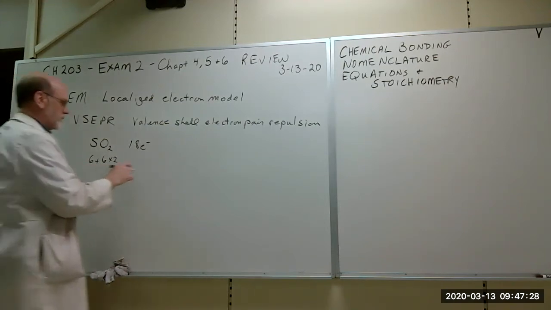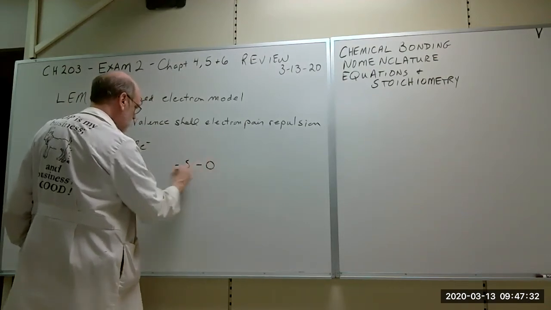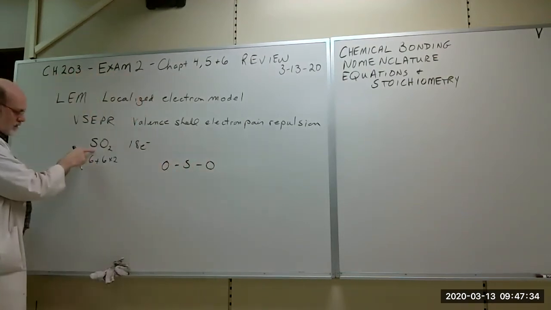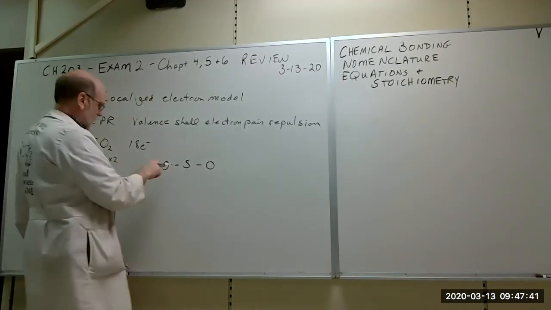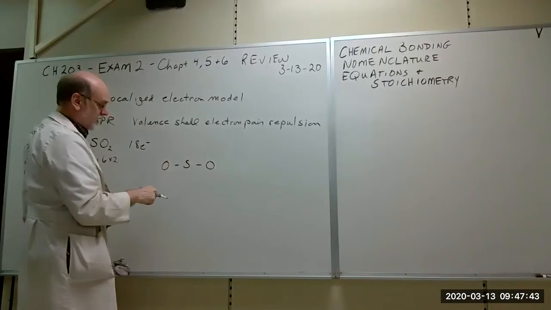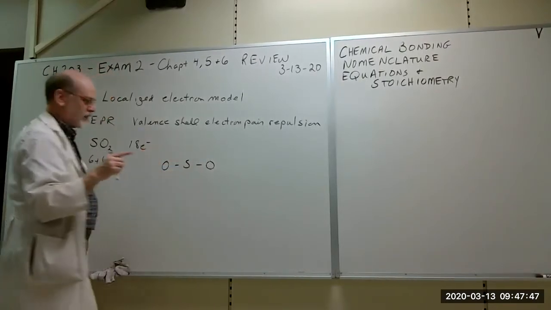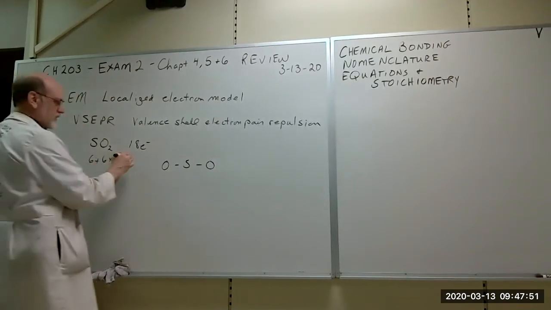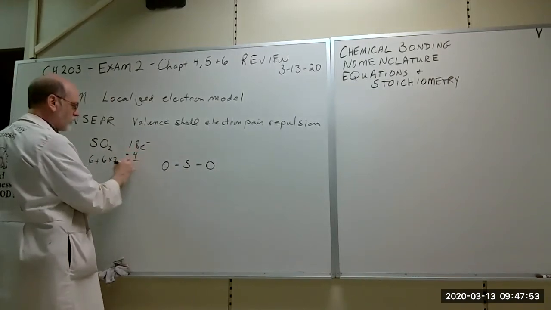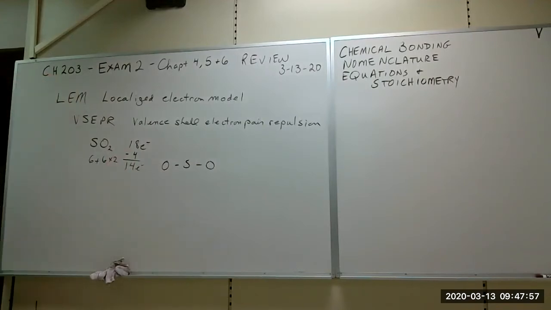So now you have to set it up so that the sulfur is in the center, and the oxygens are on each side. And you put 2 electrons here and 2 electrons there. That's what that line means. A bond is 2 electrons, right? So we got 2 of them. That means minus 4. We got 14 more electrons that have to be positioned.